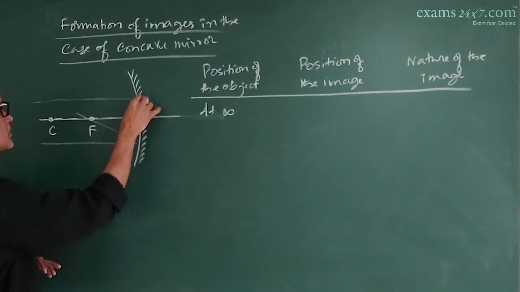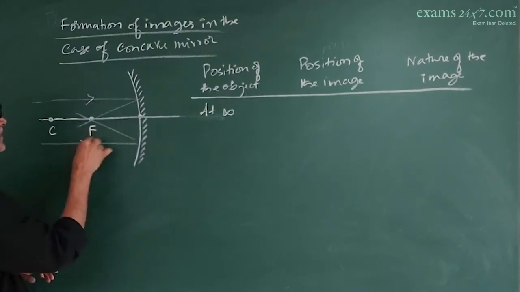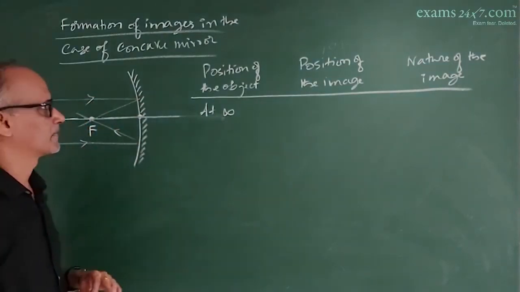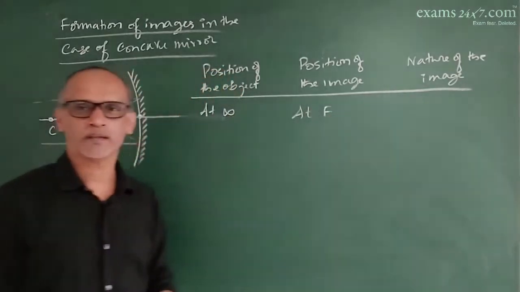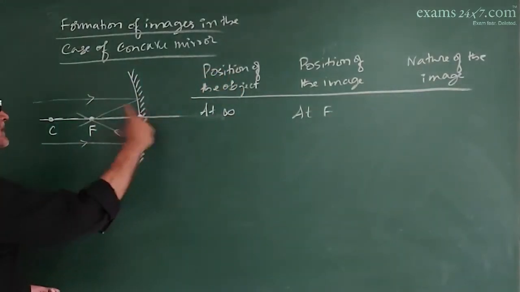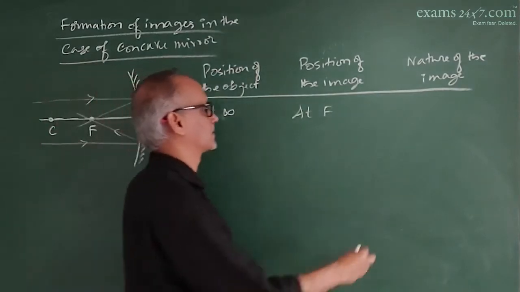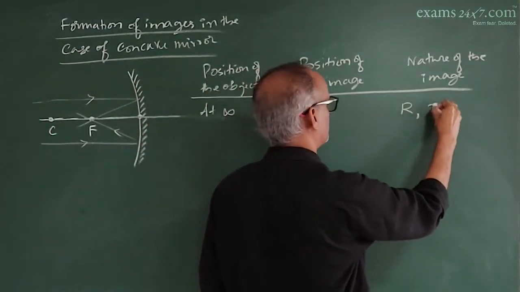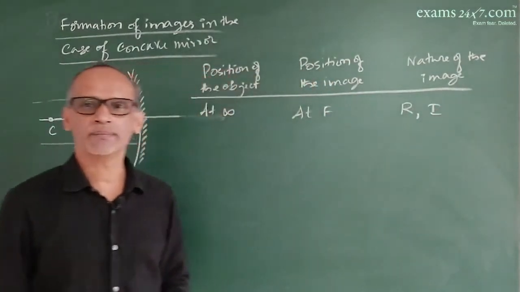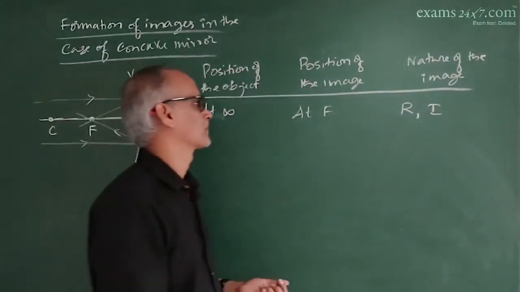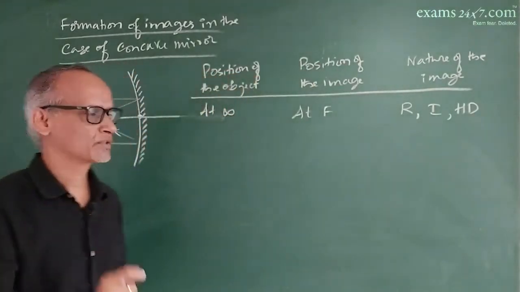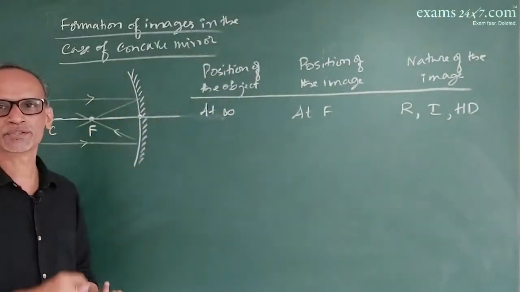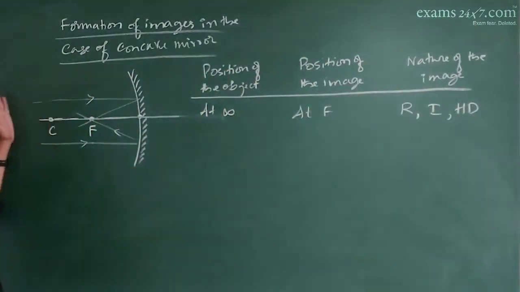The rays get converged at F, so therefore the position of the image is at F. And the rays, you can see, they really converge at F, so therefore we get a real image. And all real images are inverted, and then we get a point image, which is called highly diminished image. That is when it is far away.